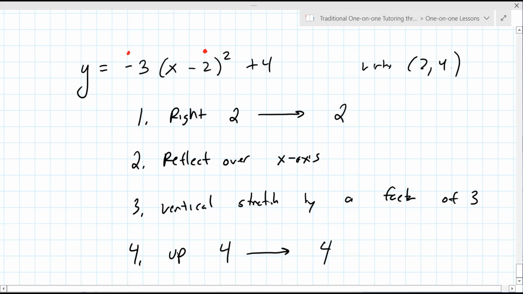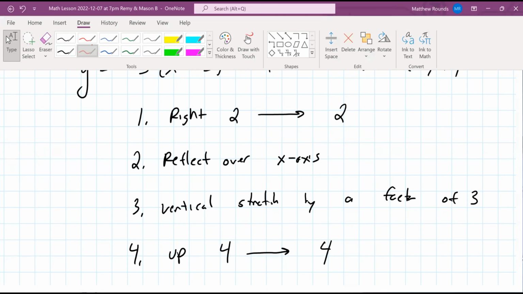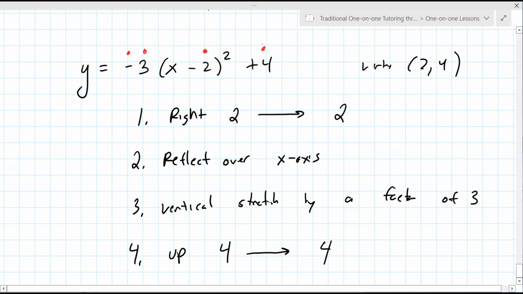And that's another thing that you would be asked to do in a problem like this. There's really a lot. We built up to it.